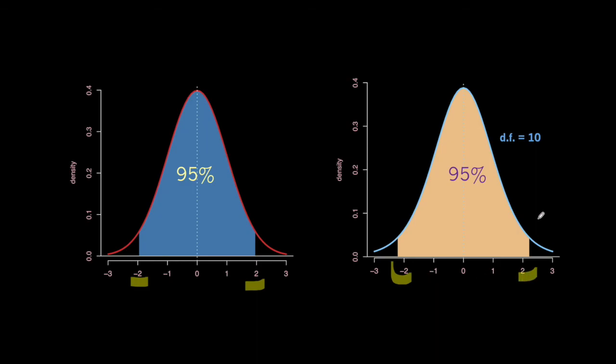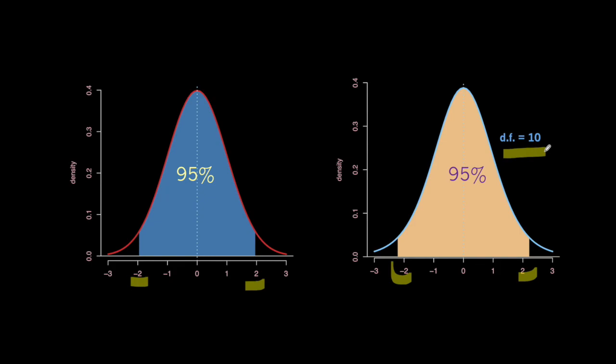So this is drawn for a very specific T distribution. T distributions are described by something called the degrees of freedom. And for this particular T, you have to go a bit outside. I think it's 2.2 for 10 degrees of freedom. Okay? But what does this say?